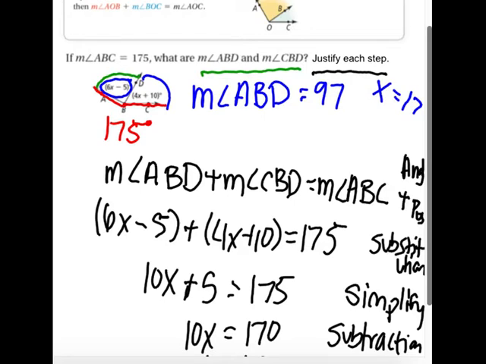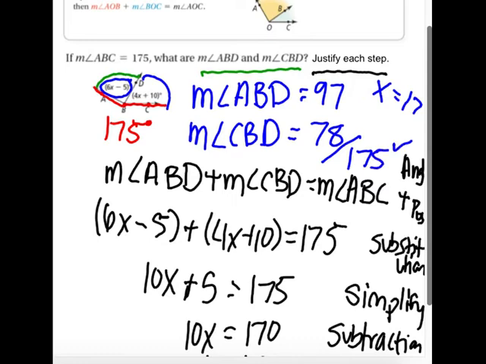Doing the same thing in our other angle. Measure of angle CBD, plug it in for x, so 4 times 17 plus 10 gives me 78. Check to make sure. Do those two add up to be 175? Yes, they sure do.